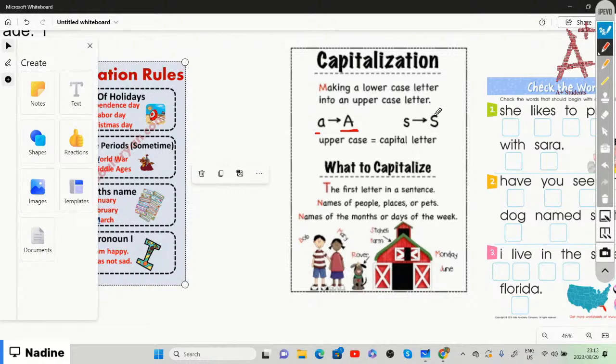The same with Sarah. If your name is Sarah, you cannot write Sarah with a small letter s, or a lowercase letter s. You need to write Sarah with a capital letter S for Sarah. The same with Ben, for example. You cannot write Ben with a small letter b.